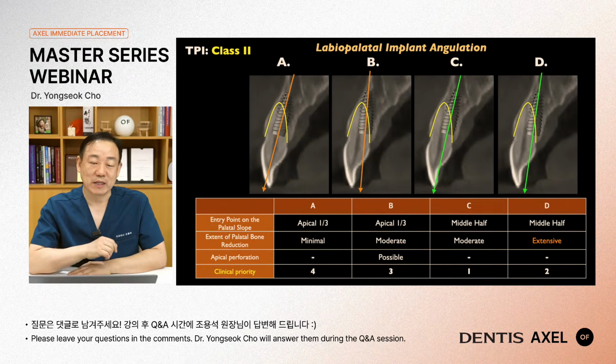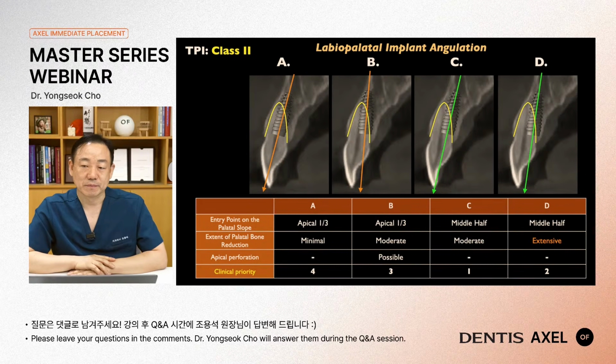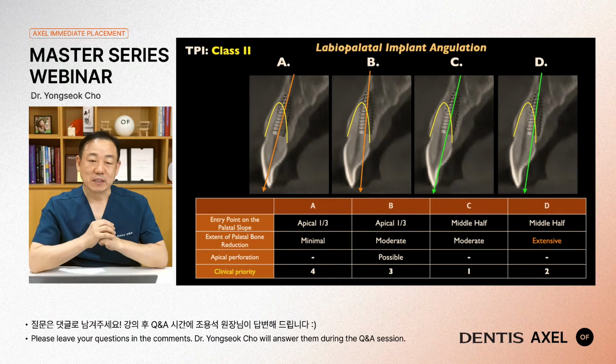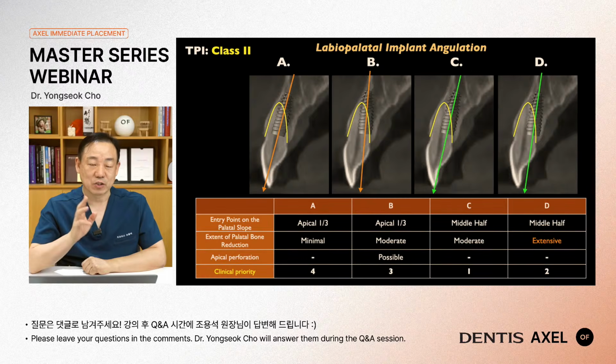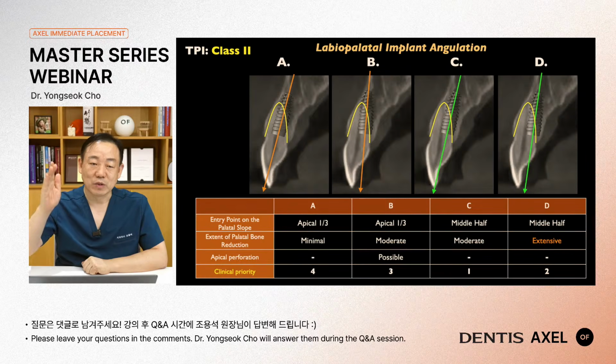It will perforate apically when it is positioned to the apical side. So I recommend you start the entry point at the middle half of the palatal slope in case of class 2 TPI. Look at number C. The entry point is the middle half, and the palatal bone will be reduced moderately.